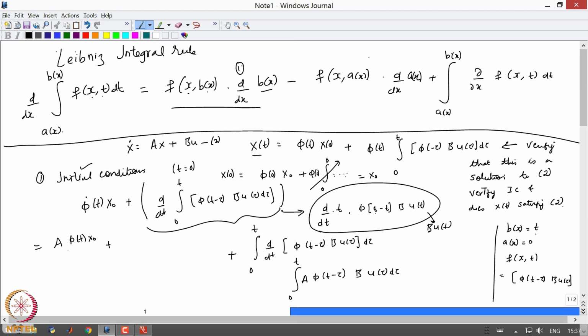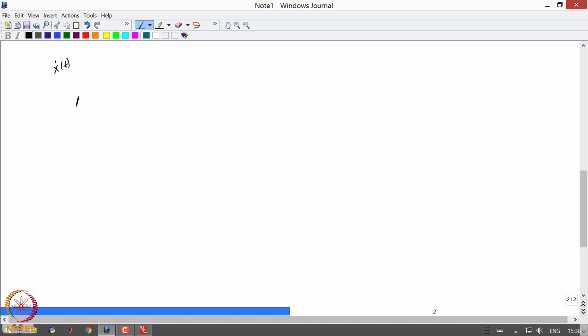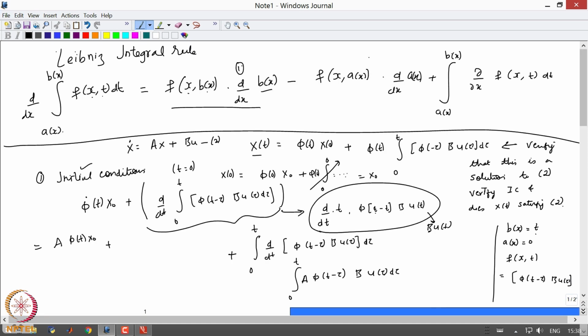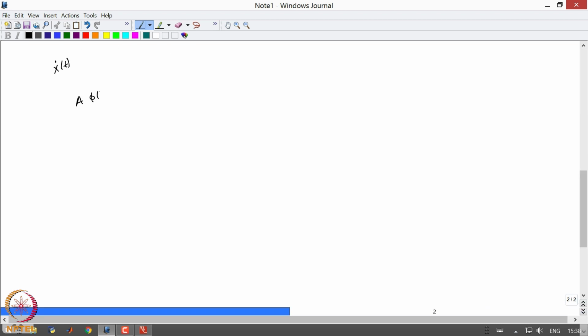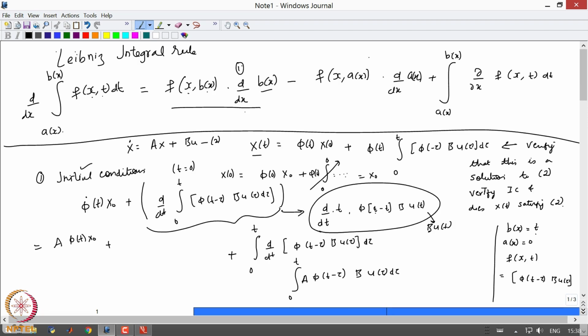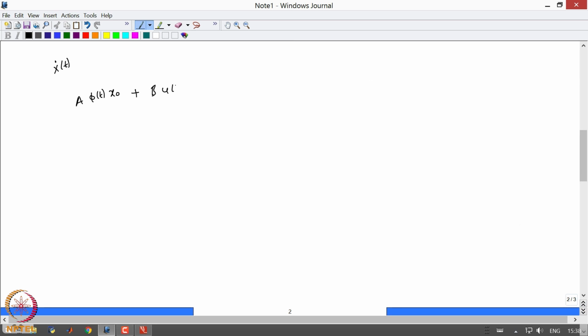I have A phi of t x naught plus b u t plus the remaining term, the integral 0 to t of A phi t minus tau.